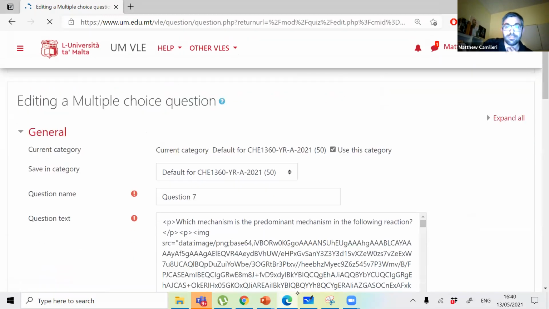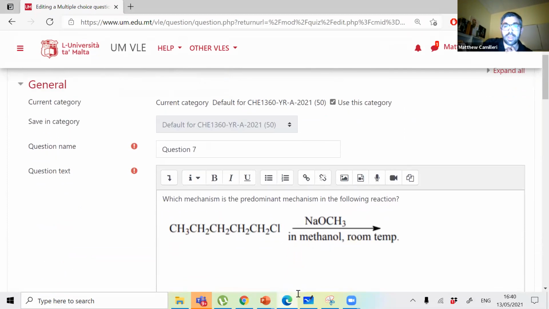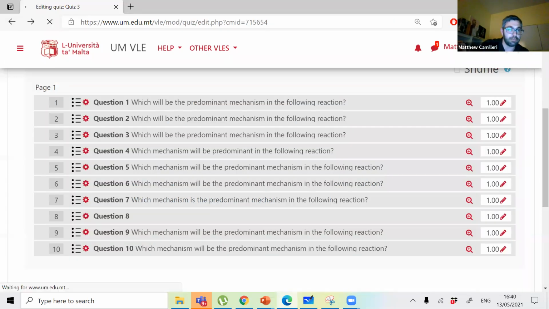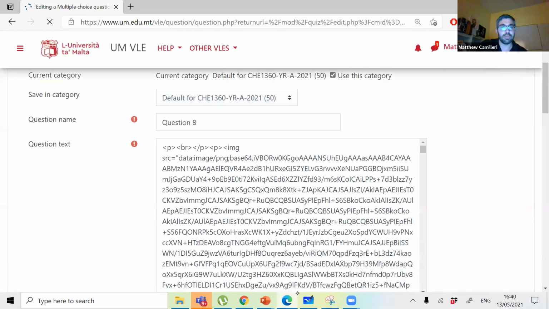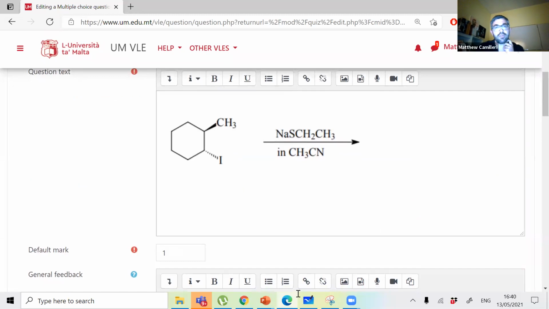Question 7. Primary, and you have a strong base. This is in fact SN2. Again, following the table. So I am making a special emphasis on the table, because this becomes very important. Here you have secondary and a very strong base, but this is unhindered.